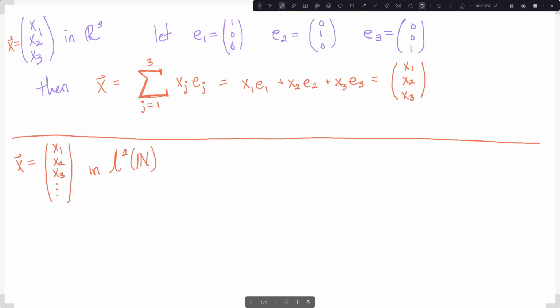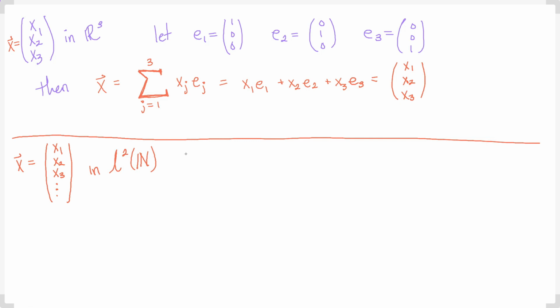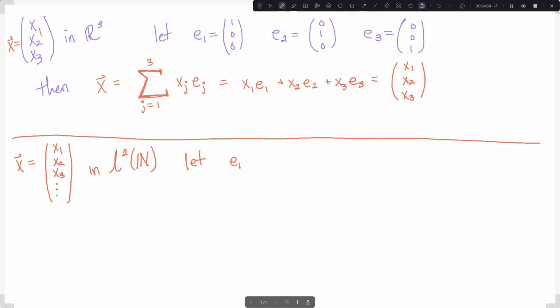Don't worry about that notation, but that's the notation I'm going to be using here. And we're going to let, with the same idea, e1 now be 1, 0, 0 with some dots. It's infinitely long. e2 is 0, 1, 0 with some dots. e3 is 0, 0, 1 with some dots.